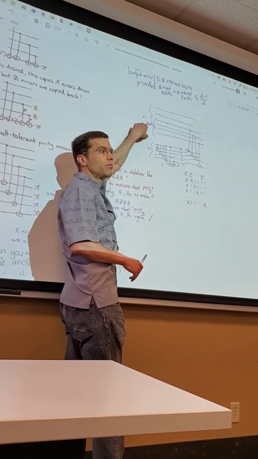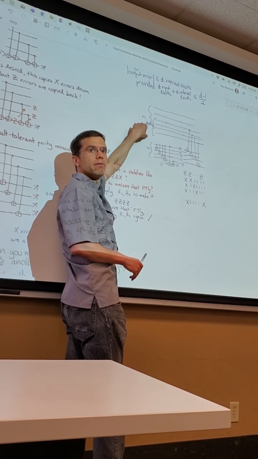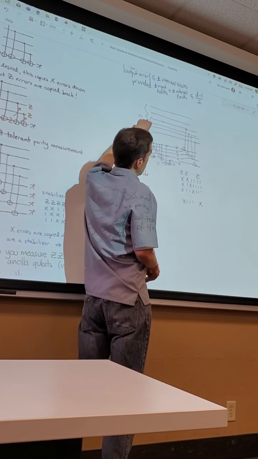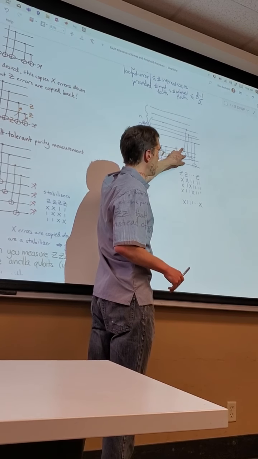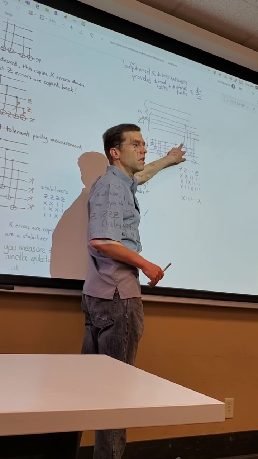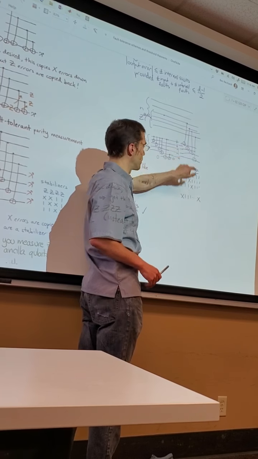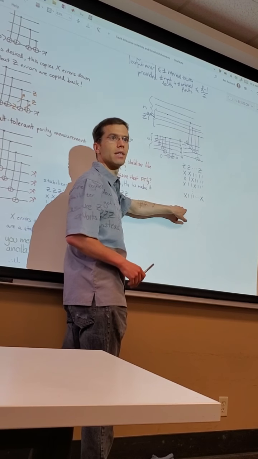So it could be disjoint. It could have weight 0, weight 2, weight 4, and so on. So that commutes with this, and so it's copied forward onto an even number of qubits in this cat state. But any X on an even number of qubits is a stabilizer just by multiplying these together.